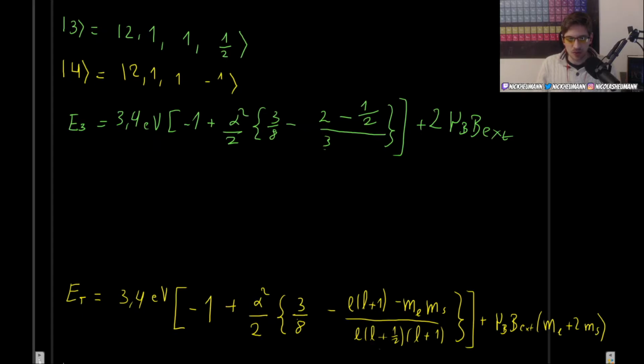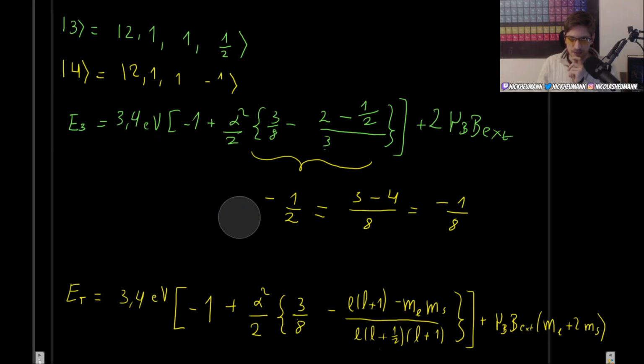Okay, so the only thing we have to do still is figure out what this is. So 3/8 minus 2 minus 1/2 is 3/2. Divided by 3, this is 3/6, which is 1/2. So we get 3/8 minus 1/2. All right. So now we just take common denominator. So it's 3 minus 4 over 8, which is simply minus 1/8. So let's plug it in.